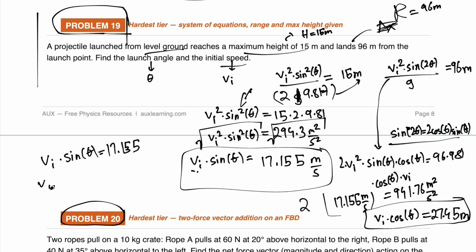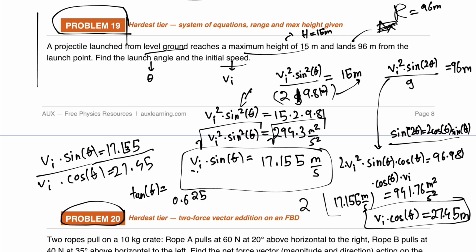Velocity initial times cosine theta is 27.45. Divide both these equations by each other. Get tangent of theta is equal to 17.155 divided by 27.45. So you get 0.625. Then you arctangent that.